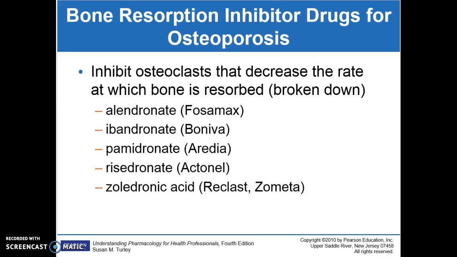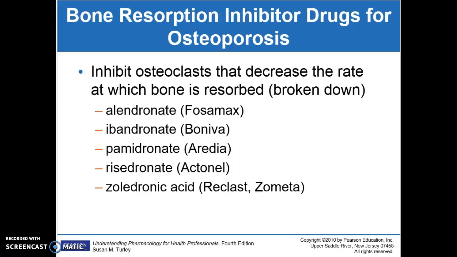These are some of the drugs that are going to decrease the rate at which the bone is broken down. Fosamax is probably one that you may have heard of fairly often. It's actually advertised on TV quite a bit. And Boniva is one that has been promoted, I guess you could say, by Sally Fields.